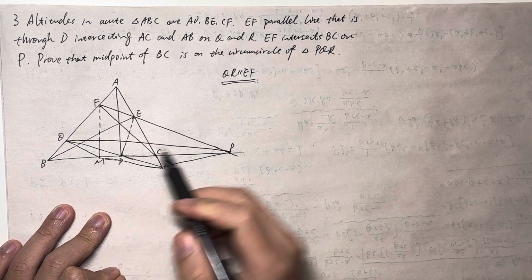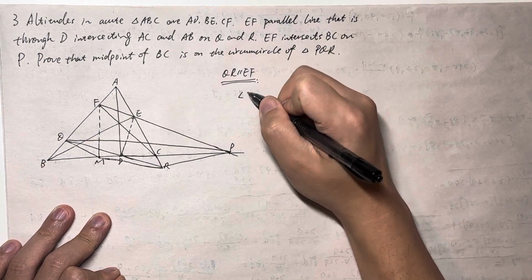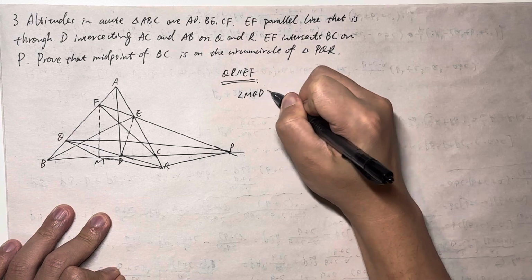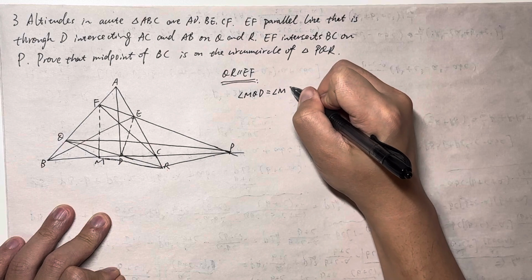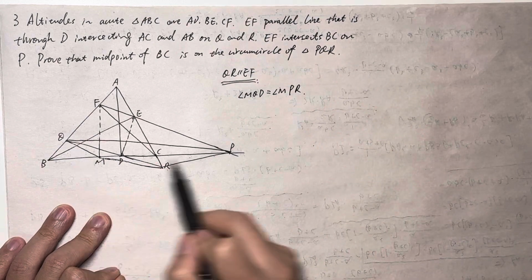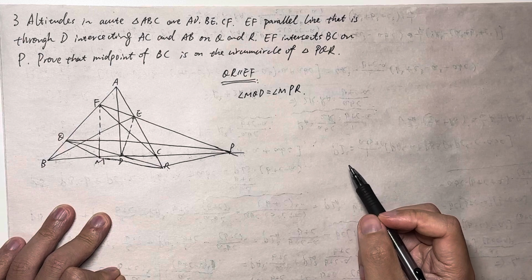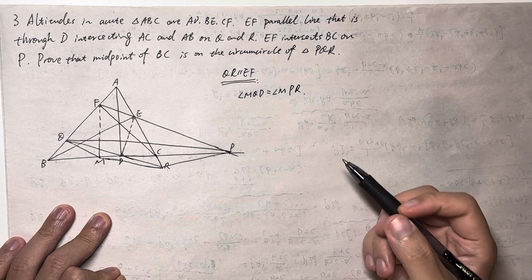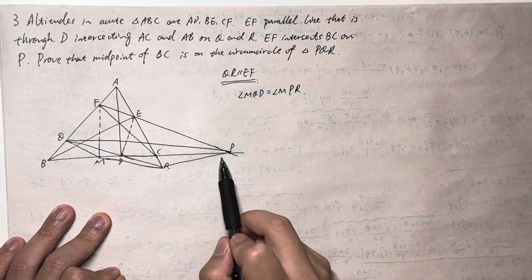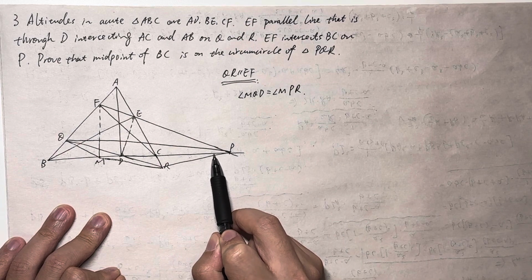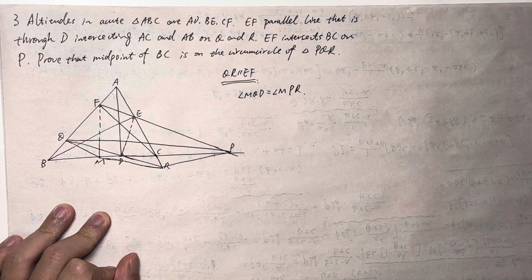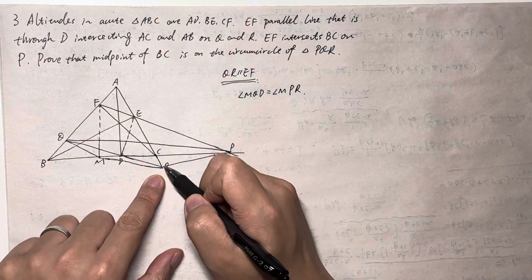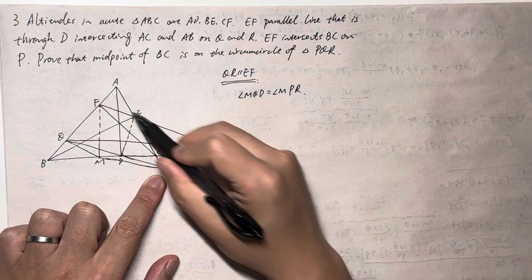So let's see. If we want to prove angle MQD equals angle MPR, what can we start from? These angles are very difficult to find. But what we can find is from the parallel line.